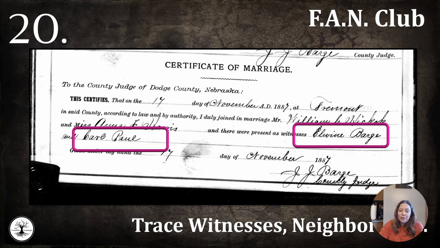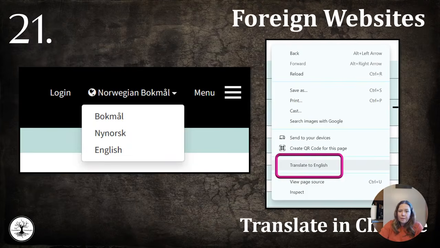So pay attention to these witnesses. Start to figure out if your ancestor returned the favor. Maybe this person gave an affidavit for something and then your ancestor did for them. Pay attention to these people that surround your ancestor because, again, they did not live on an island. Pay attention to those in their orbit.